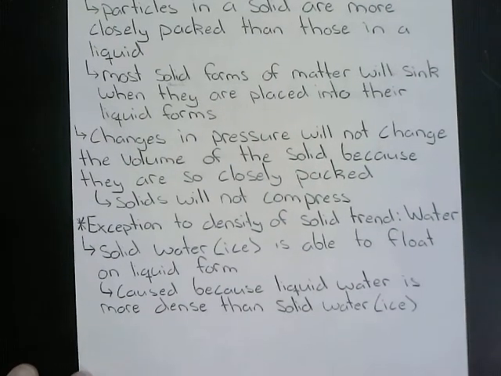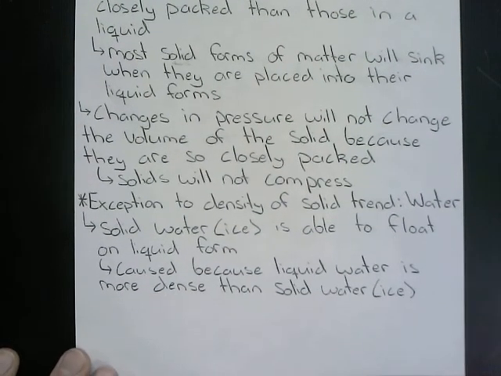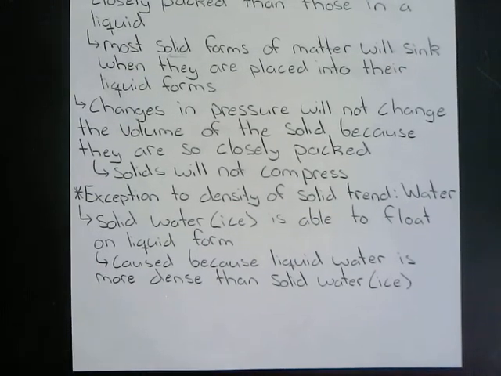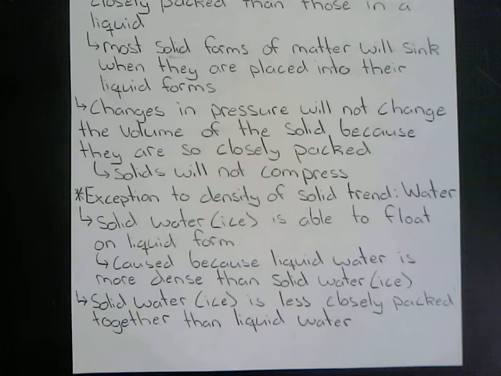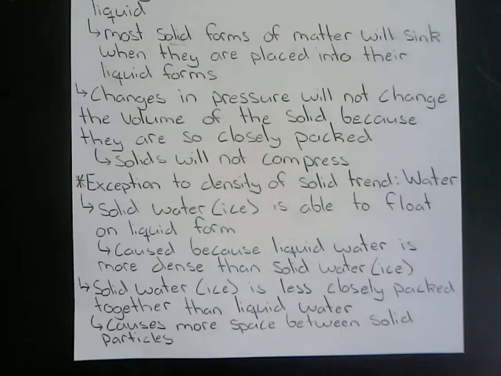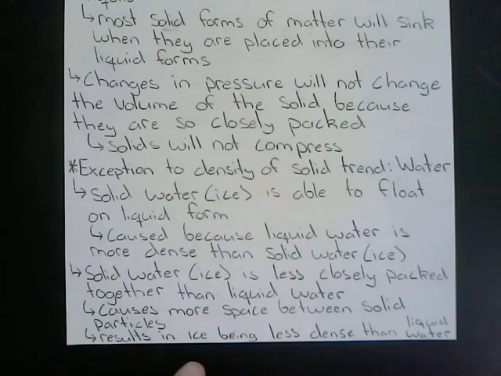Solid water, or ice, is less closely packed together than liquid water. This causes more space between the molecules of ice, and as a result, ice is less dense than liquid water. Again, ice is less dense than water.